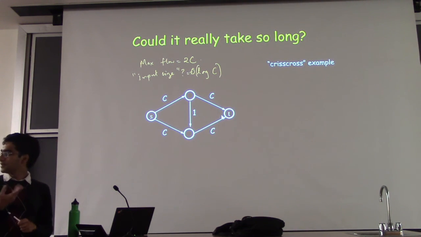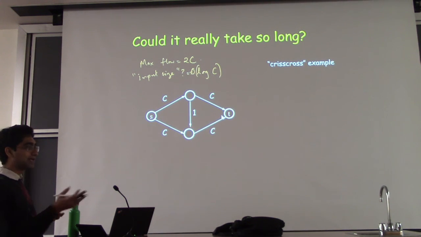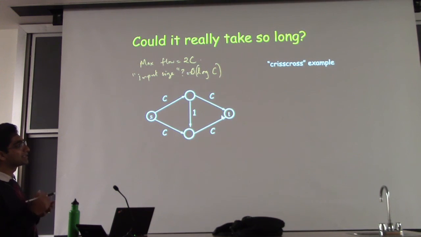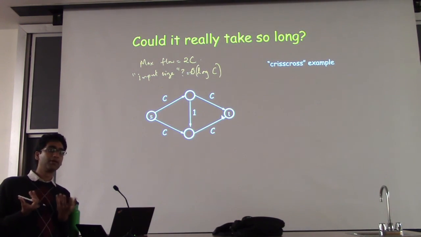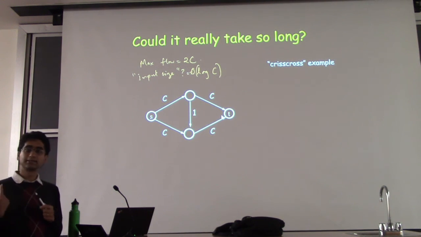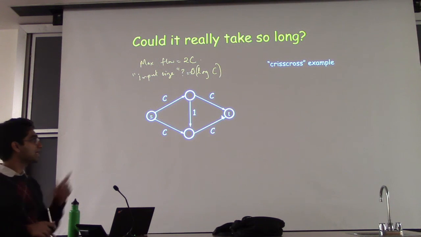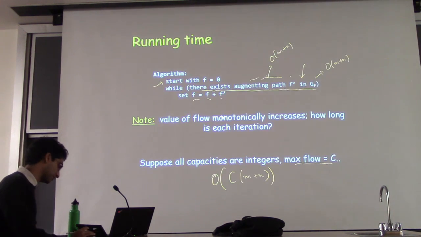So this is actually something of concern. Even otherwise, as you were saying, maybe C is relatively big. Maybe it's even polynomial, but it's fairly big. That's still bad for us. So let's see if this kind of running time is actually the best possible.